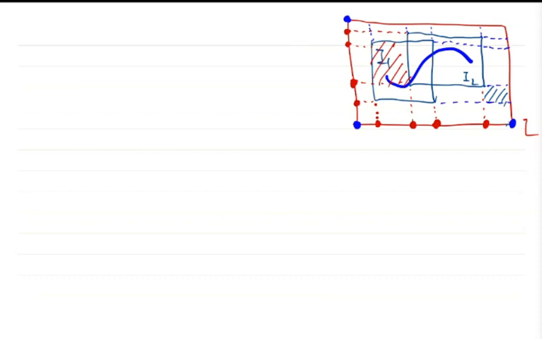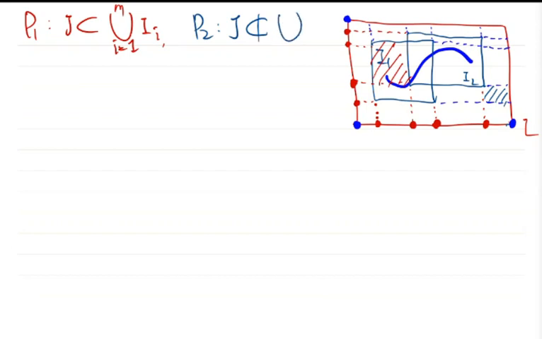For the first class, that is the red one, P1, Pj is contained in the union of the Ii. And for the second class, P2, Pj is not contained in the union. We have only these two classes of rectangles.